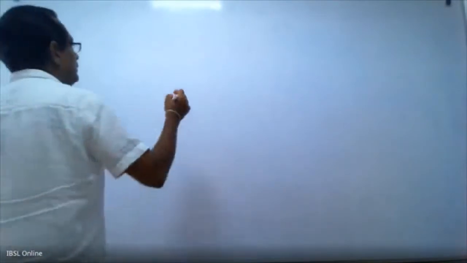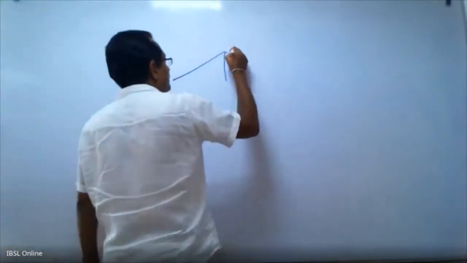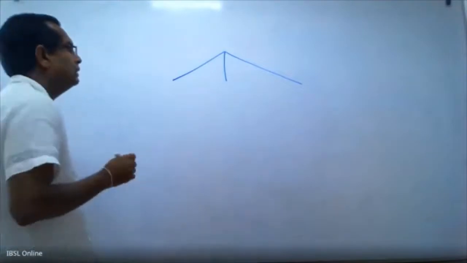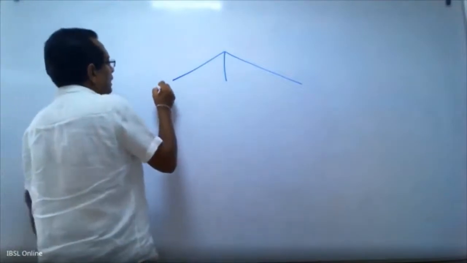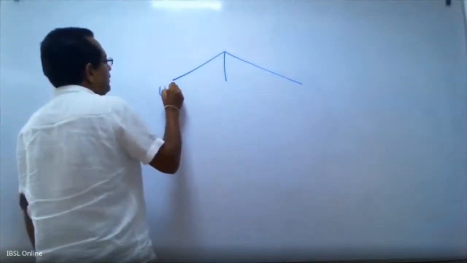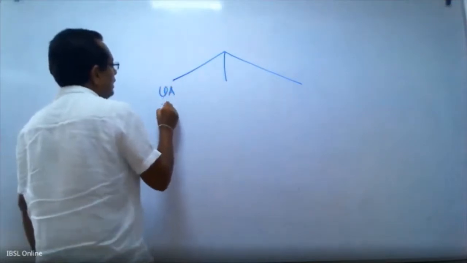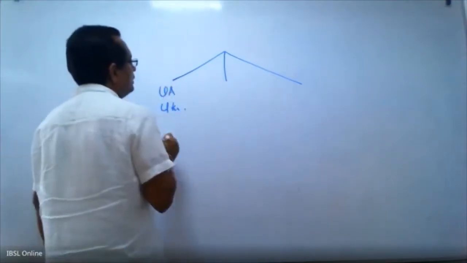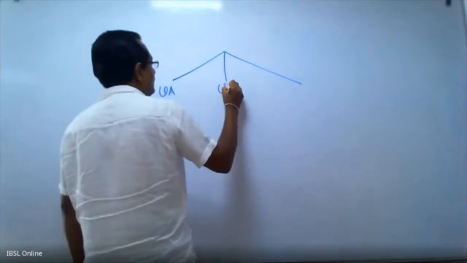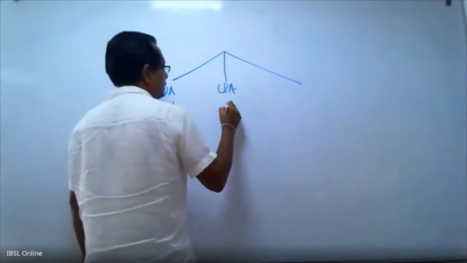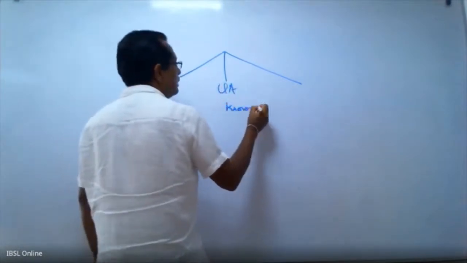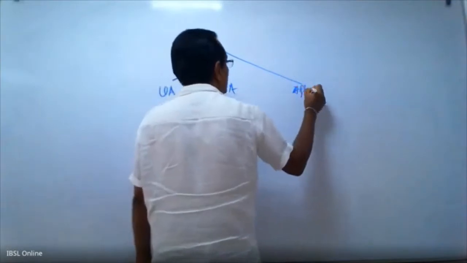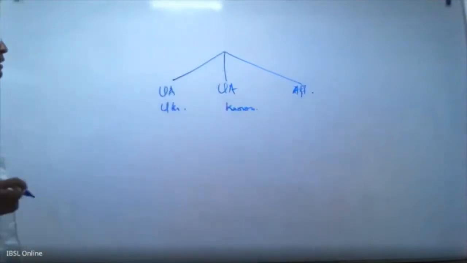Right? We have three things. Unaffiliated, unknown, unaffiliated, known, affiliated. Right?